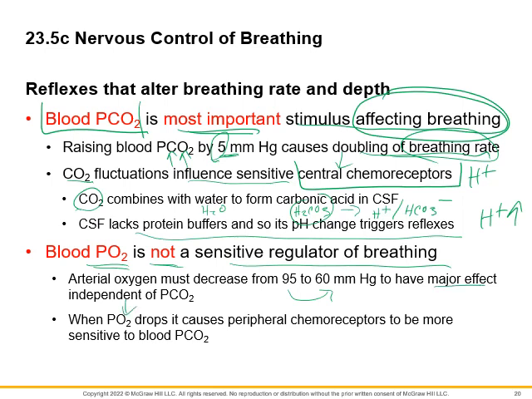So when oxygen drops, it's because those peripheral chemoreceptors that can detect carbon dioxide and hydrogen ions are more sensitive to blood carbon dioxide levels. So it's not necessarily the oxygen dropping that's affecting, it's the oxygen dropping which then affects the sensitivity to the amount of carbon dioxide you have in the blood.